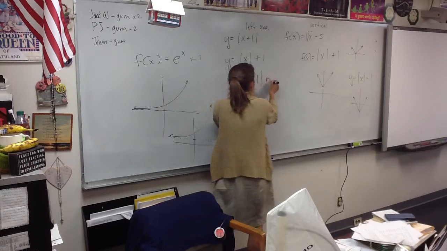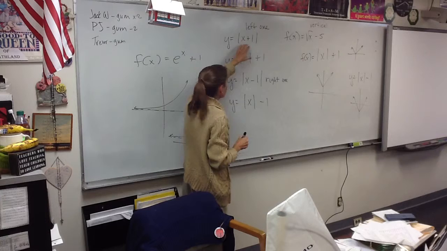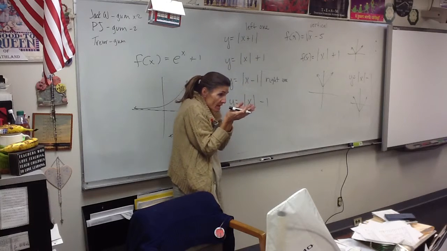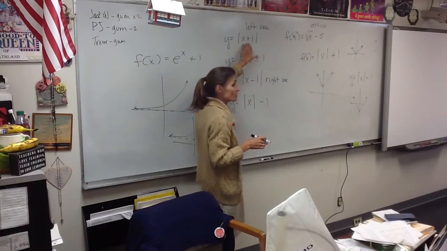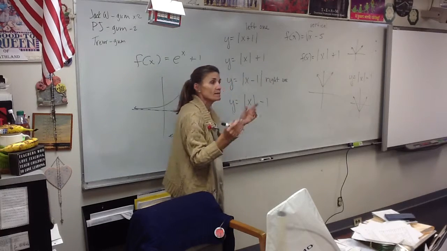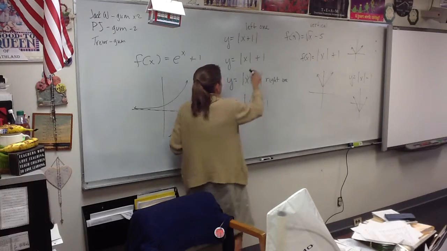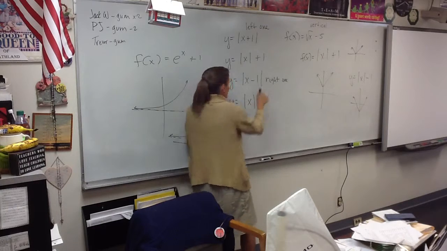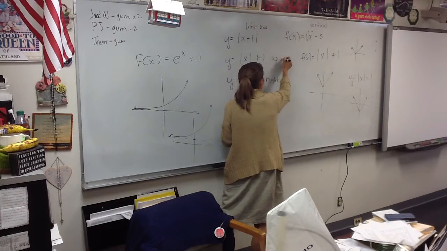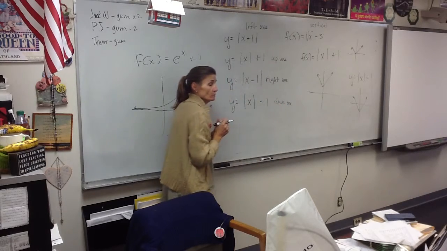This one would move you right 1. Look where the numbers are. They're in there with the x. That's left and right. Plus goes left, minus goes right. It's backwards of how you would think it would be, but it is. These are tacked on to the end. See the difference? So this would be up 1, and this would be down 1. Those are the rules.